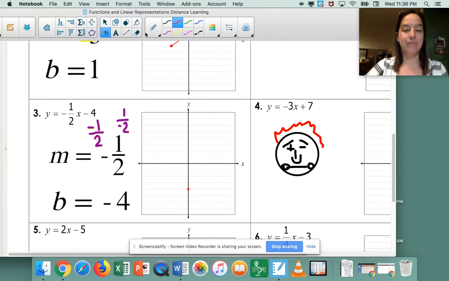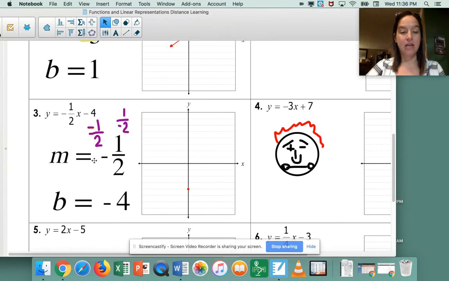So again, let's go back to number 3. I have a negative slope. Remembering Slope Guy says a negative slope is going to look like this, I'm either going -1 over 2 or 1 over -2. So here we go. I'm going to go down 1 and to the right 2.